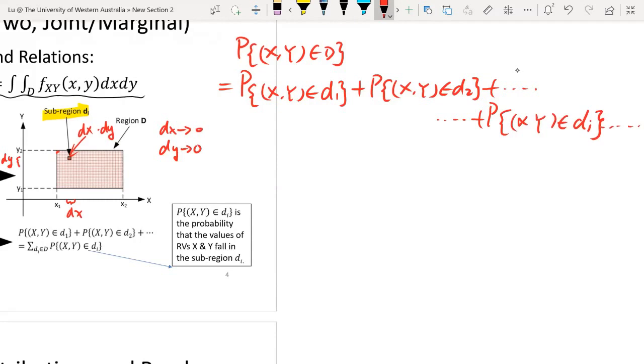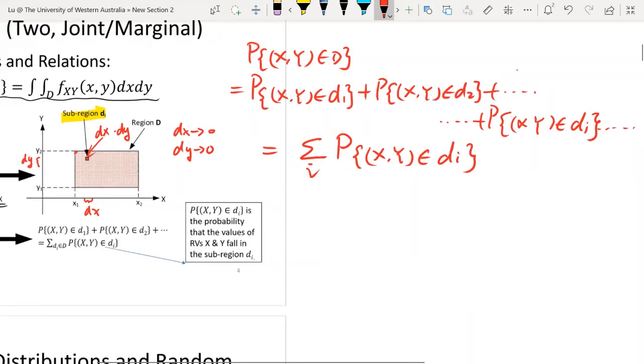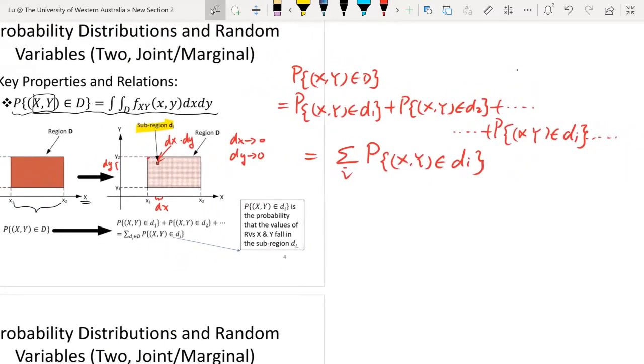We repeat this procedure for all the small squares. The summation of all such small events gives us the total probability that x and y fall into the big red region, capital D. In compact form, that's equal to the summation over all possible i of the probability that x, y fall into the Di region. This is how we understand this idea.